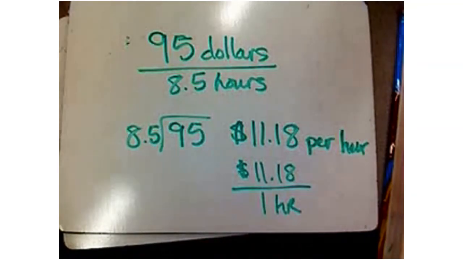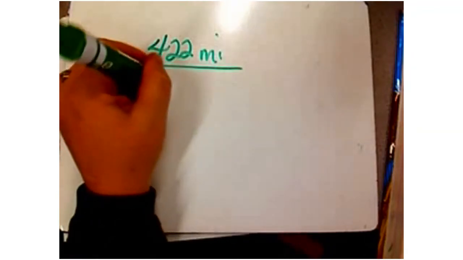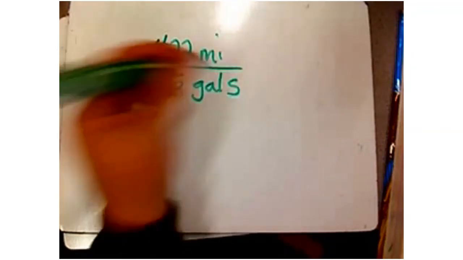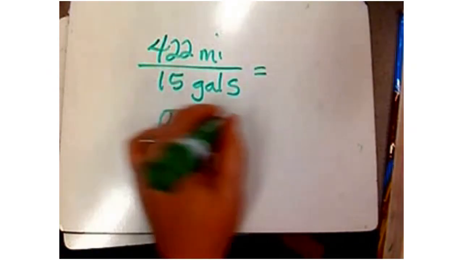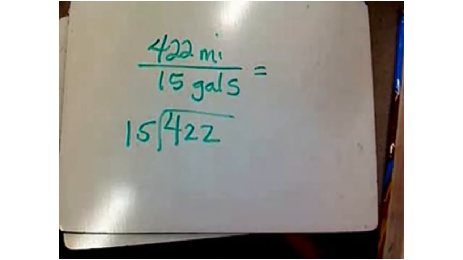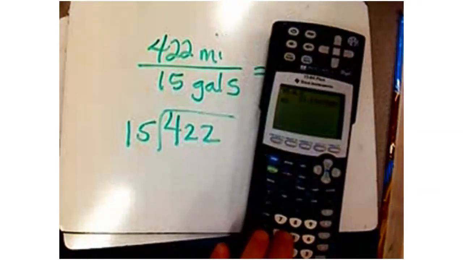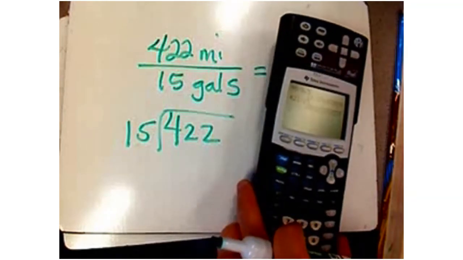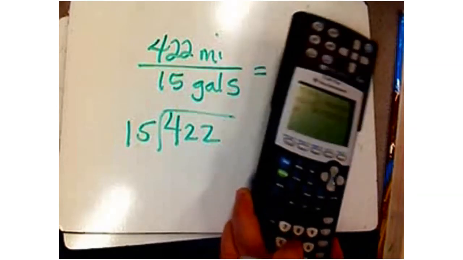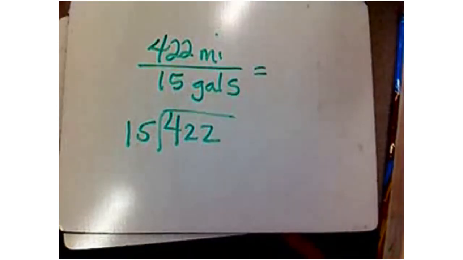All right. Do the same thing on page 453 for miles per gallon. The problem says there's 422 miles per 15 gallons. So you're just going to do the division: 422 divided by 15. And again, you can utilize your calculator. 422 divided by 15 is 28.1333, so we're going to round that to 28.13 miles per gallon.